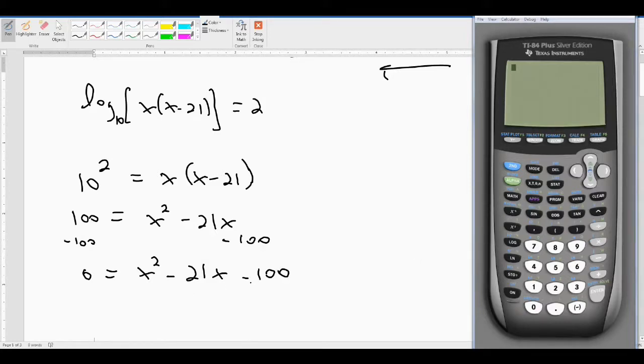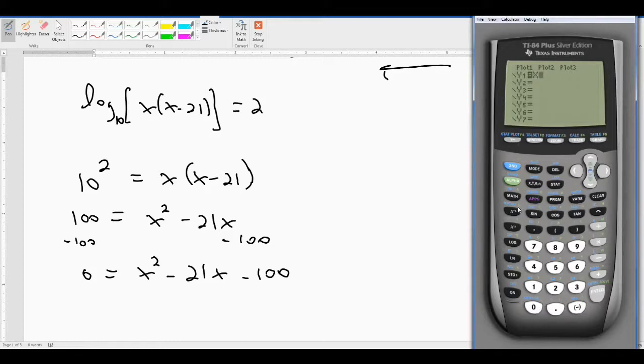Now you can use the quadratic formula. You can factor if it factors. This one will factor, but you can use the quadratic formula. I'm going to show you what I might do if it were me, and I'm not sure how to do either one of those. First off, use the quadratic formula if you know how to. But I'm going to graph it first.